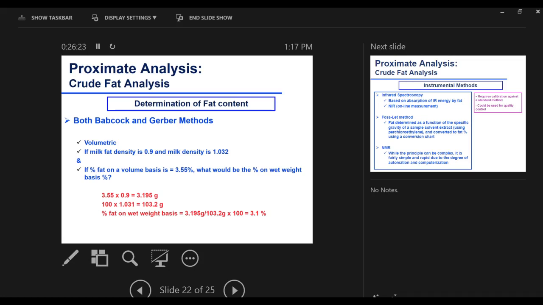Then I get 103.2 grams. So now the percentage: 3.195 grams in 103.2 grams, times 100 for a percentage, then you get 3.1%.